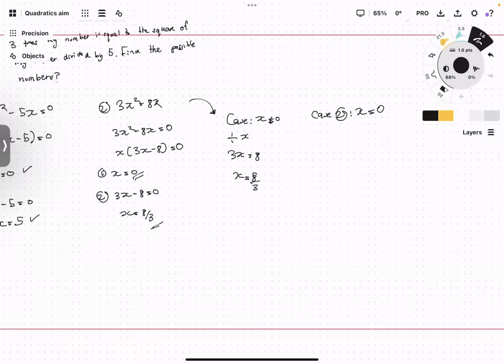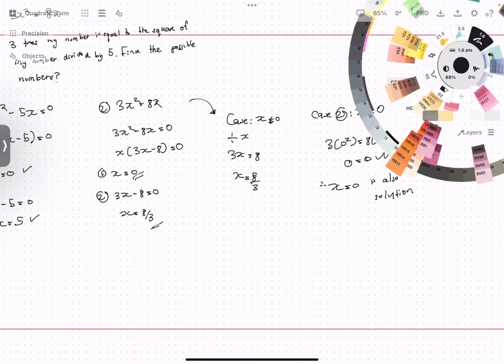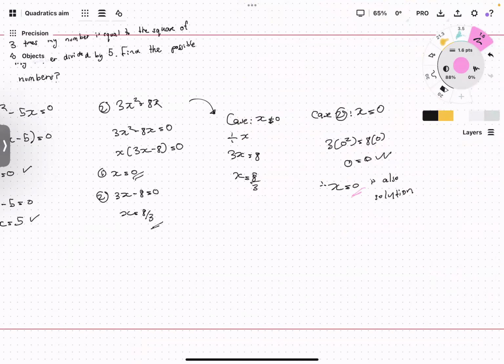And that one you just check by substitution. So 3 times 0 squared equals 8 times 0. 0 equals 0. This is correct. Therefore, x equals 0 is also a solution. And then you're done. You have your two solutions again. They are exactly the same.